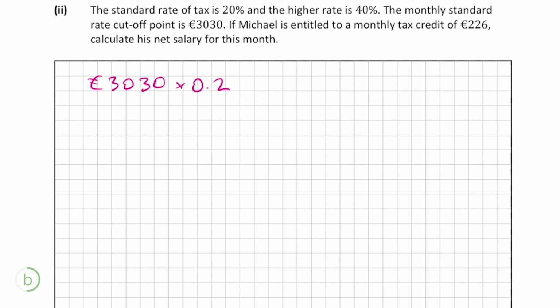So the first thing to do would be to find how much tax he pays at a lower rate, which is equal to €3,030 multiplied by 20% or 0.2, and that's equal to €606. Now we have to find out how much he gets taxed on at the higher rate.